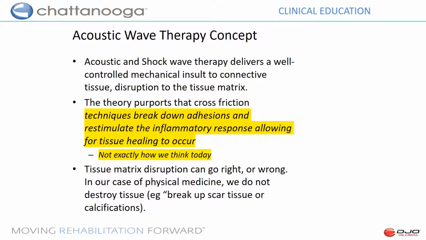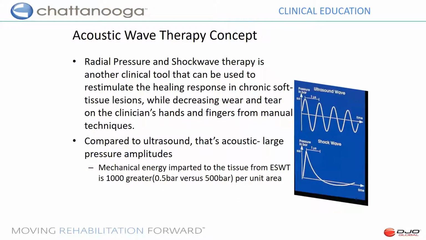So even though it feels uncomfortable, which is very typical of soft tissue mobilization, and certainly radial pressure wave and focused shock wave, we are not being destructive. We'll talk a little bit about some of the cell differentiation processes that are causing some of these changes.